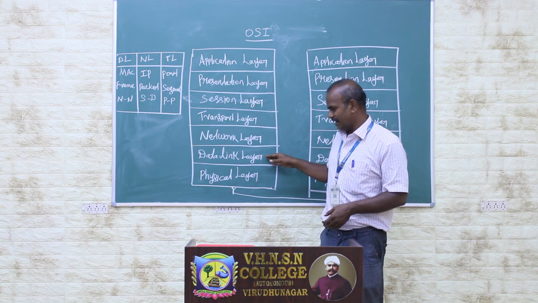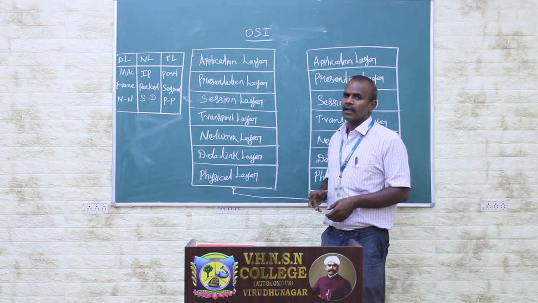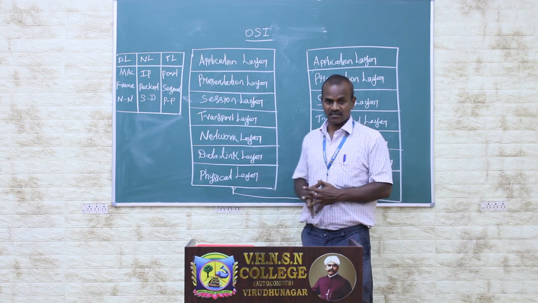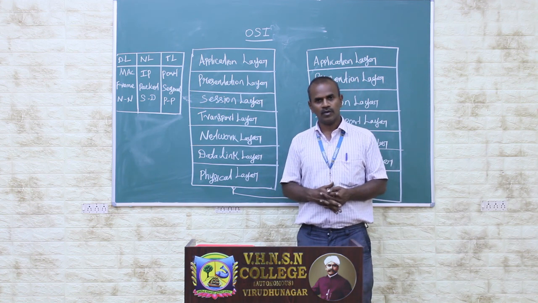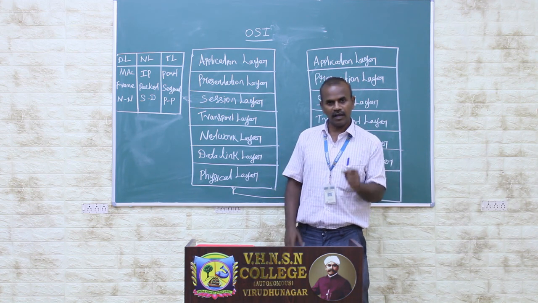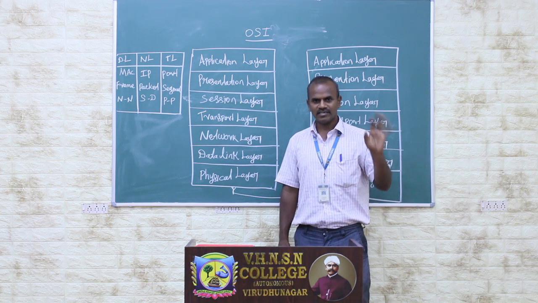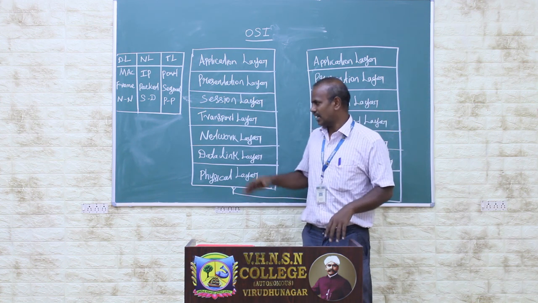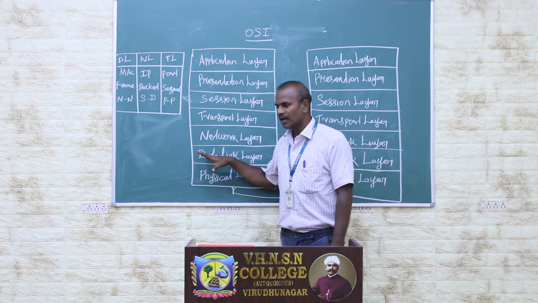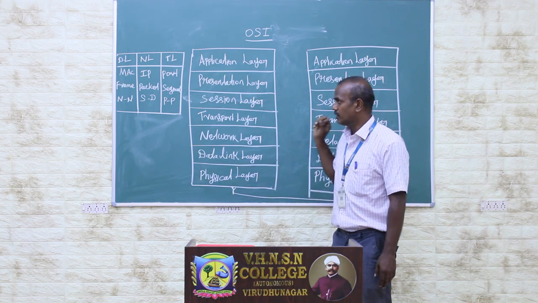It is also responsible for the MAC address, that is called the physical address. Each system has a unique address, called the physical address, and that physical address is maintained in the data link layer.